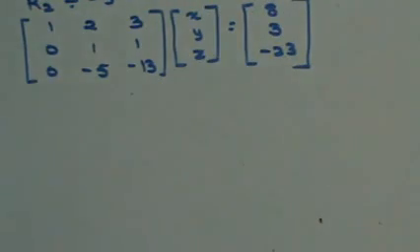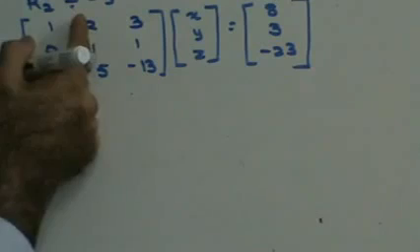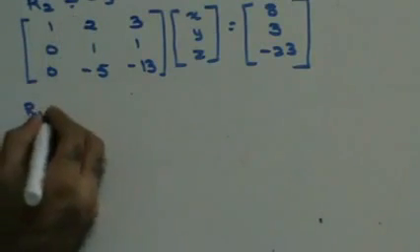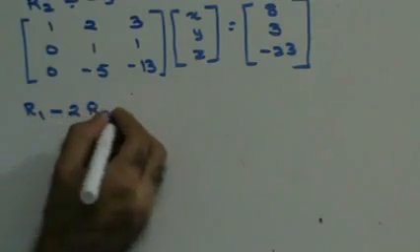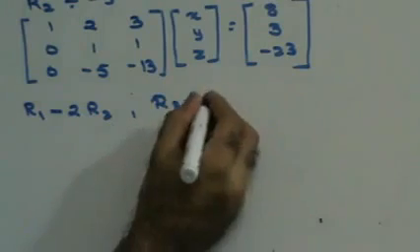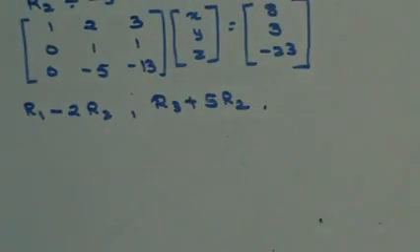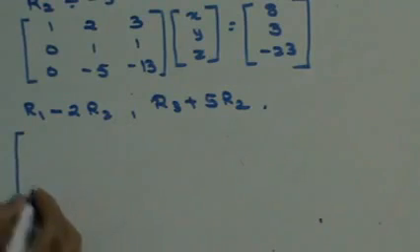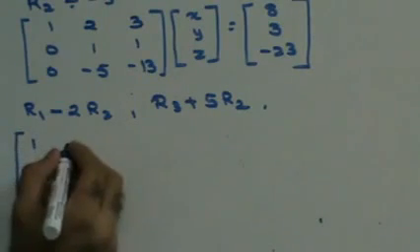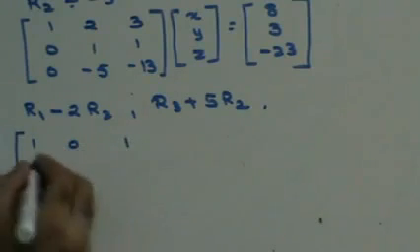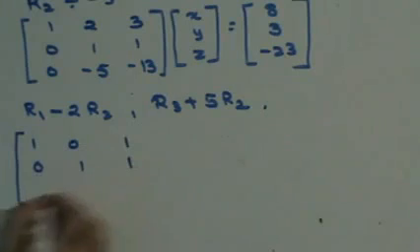Right? Now, once you have this, I need to make the number in the 4th and the 6th position as 0. So this is going to be R1 minus 2R2 and R3 plus 5R2. In that case, R1 minus 2R2: 1 minus 0, 2 minus 2, 0, 3 minus 2, 1, 0, 1, 1.